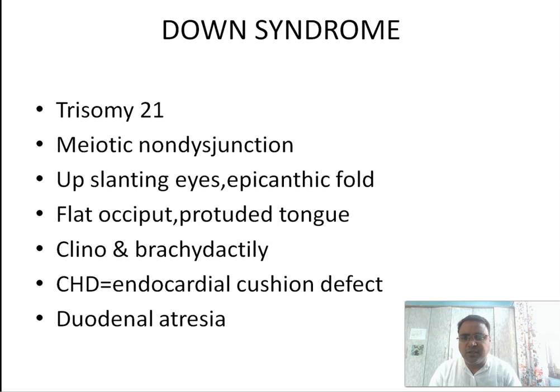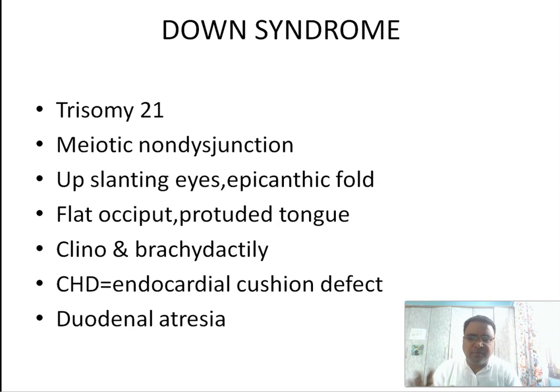Clinical feature wise, upslanting of eyes, epicanthic folds, flat occiput, protruded tongue, clinodactyly, brachydactyly, all these are there. Congenital heart disease is a deciding factor for the survival of the Down child, because the form of heart disease will decide the longevity.